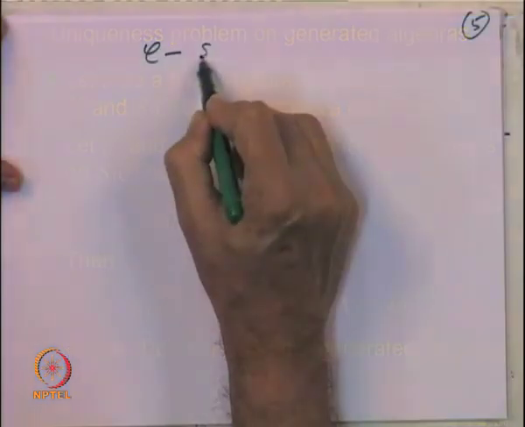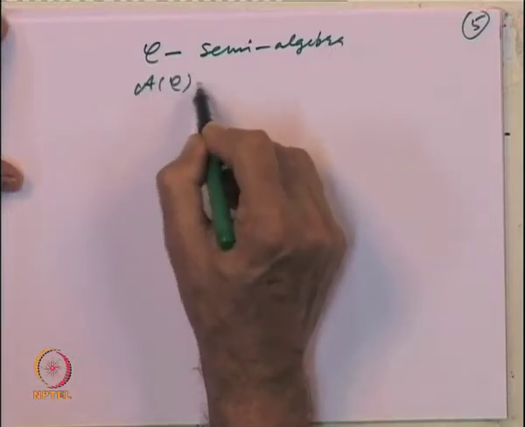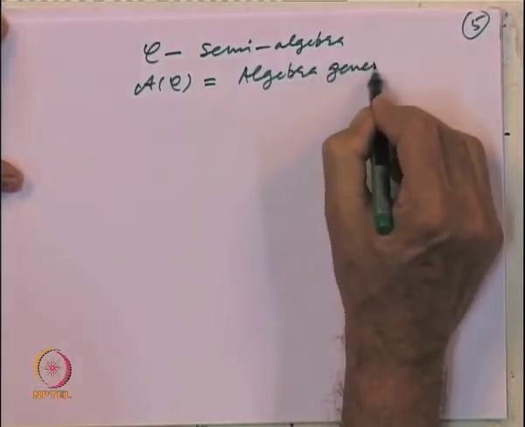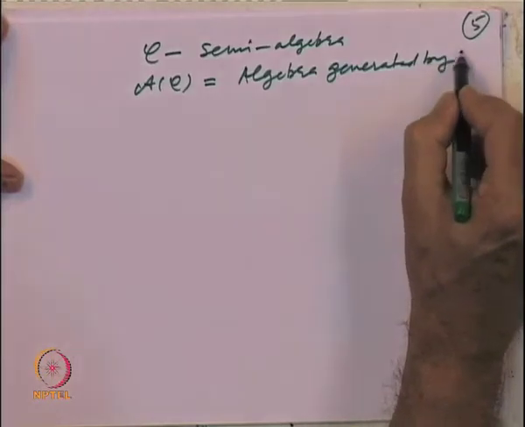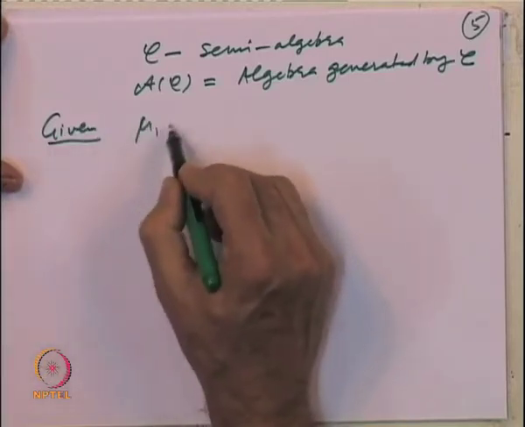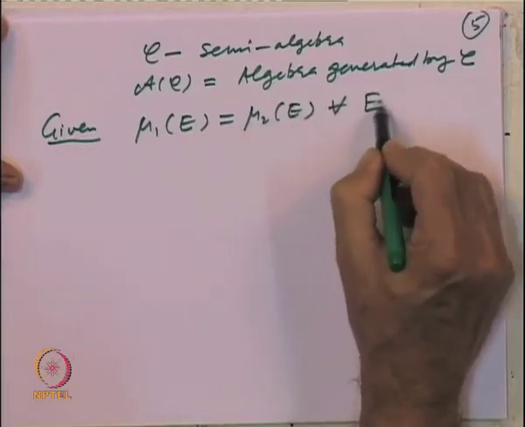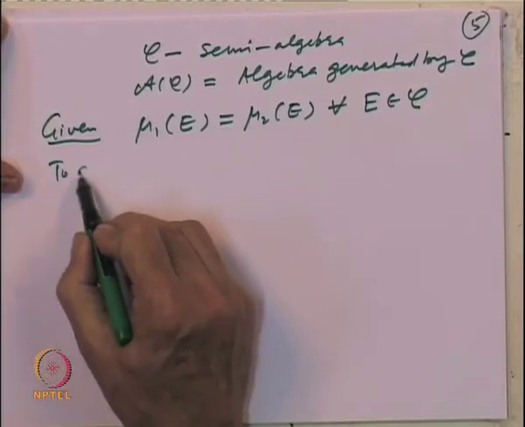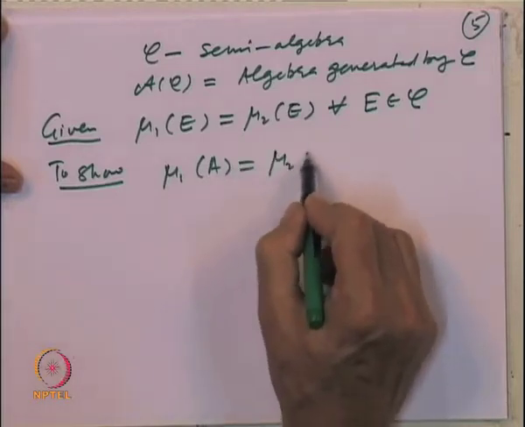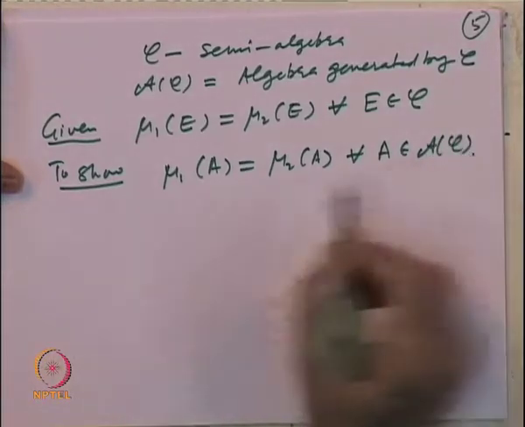So, C is a semi algebra, and A of C is the algebra generated by C, and we are given mu 1 of E is equal to mu 2 of E for every E belonging to C. To show: mu 1 of A is equal to mu 2 of A for every A belonging to the algebra generated by C. So, how do we prove it?